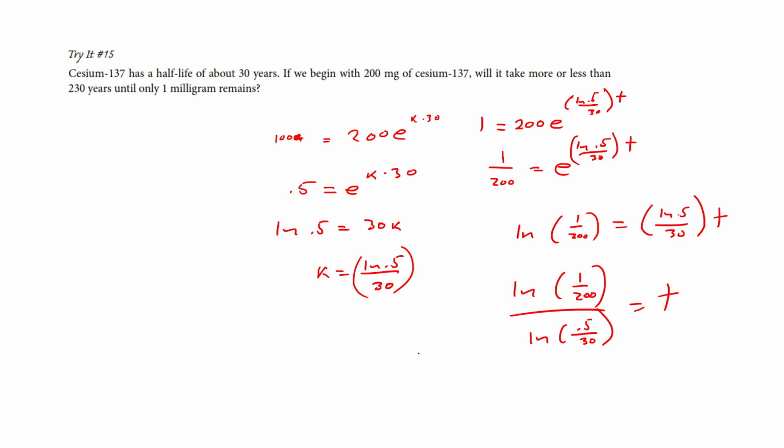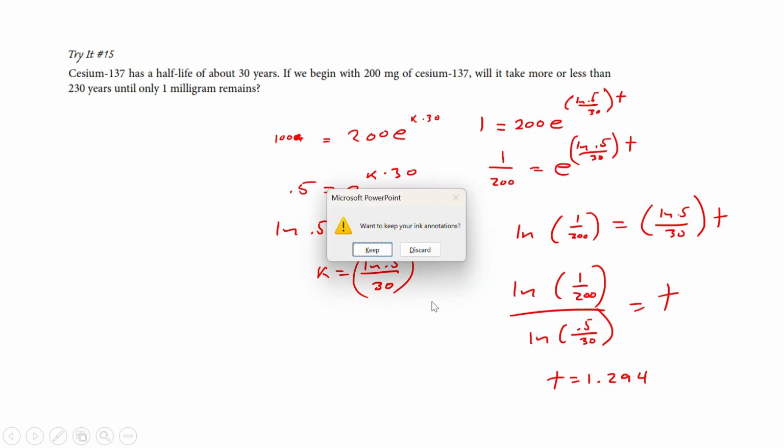Okay, so the time it takes to get down to 1 milligram remaining, I got 1.294. And something is wrong. Give me a second to see if I can fix this. Something that didn't work out right.